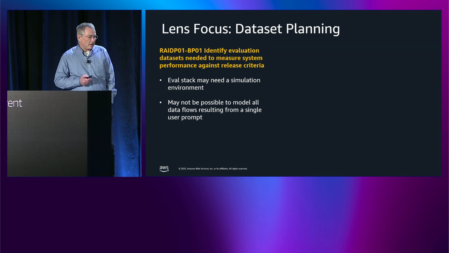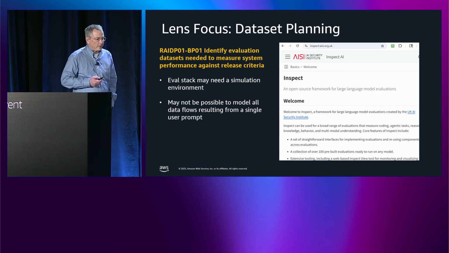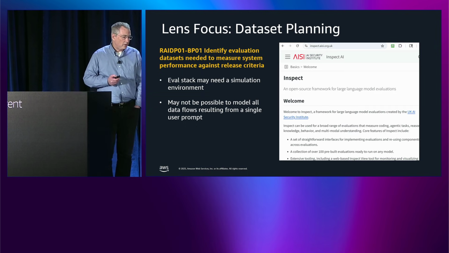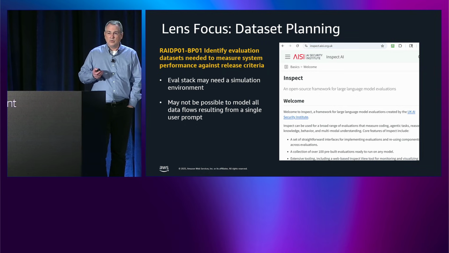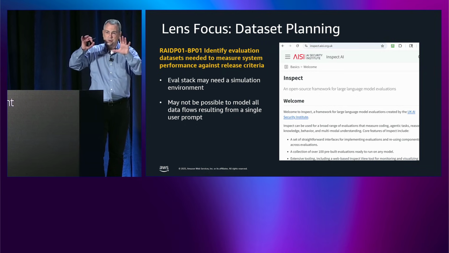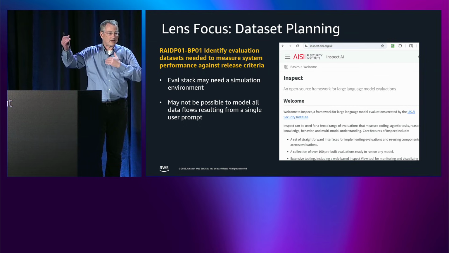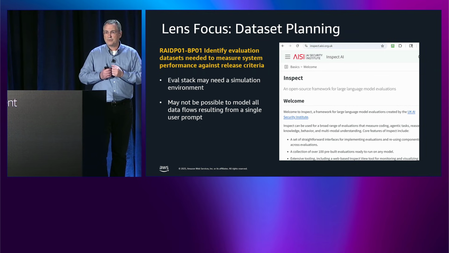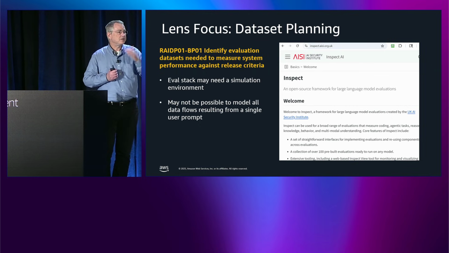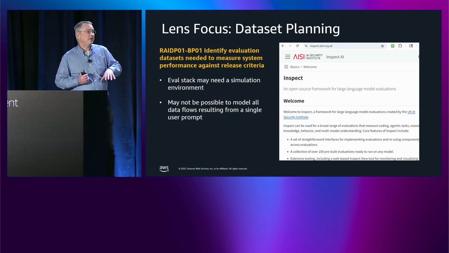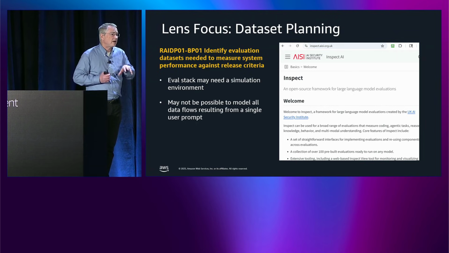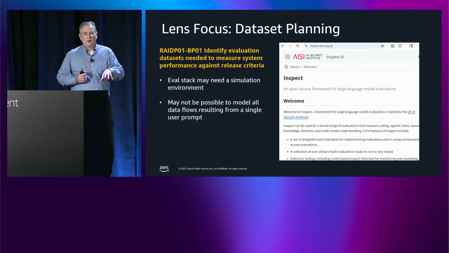All right, another area, just to cherry pick a little bit, data set planning. Here with agents, because again, we're thinking about the future where the agents are interacting with different information sources, other agents, what have you, you need a simulation system. You've got to simulate the environment, all right?